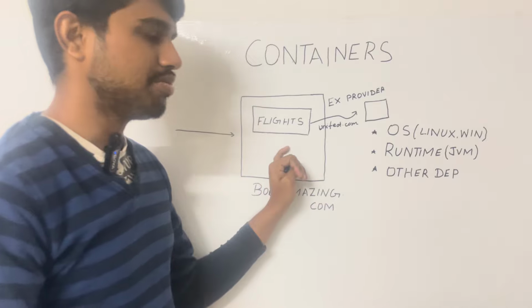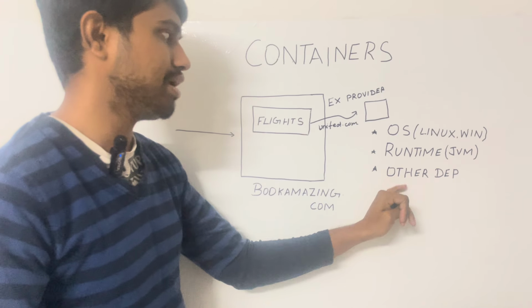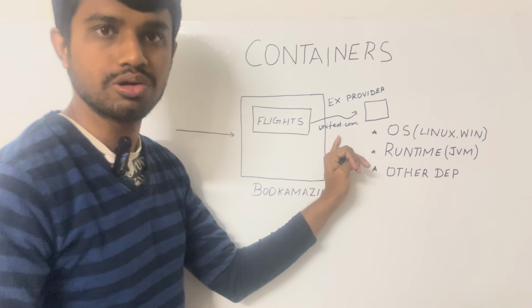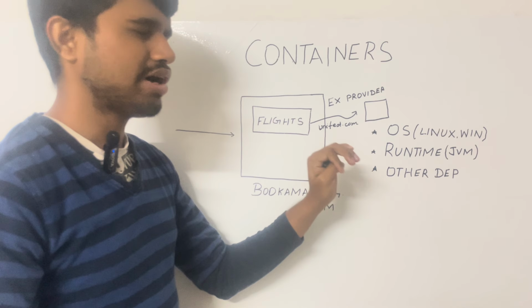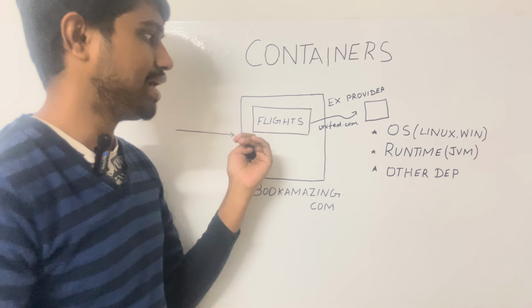So when you have a computer, you installed some Linux, you installed JVM, and you gave the external URL as united.com, right? Now you have an amazing business and you want to develop another thing.